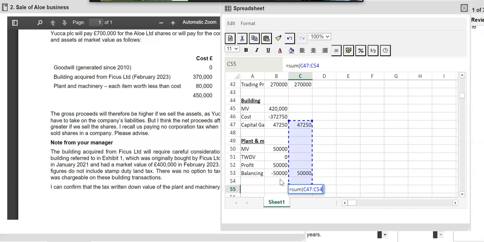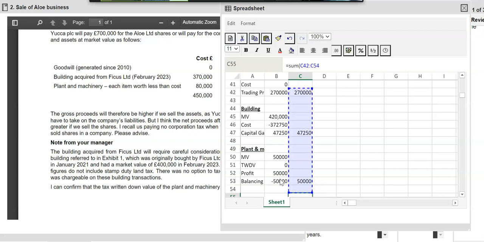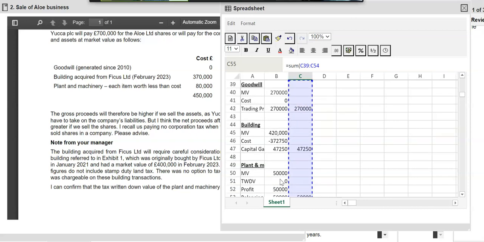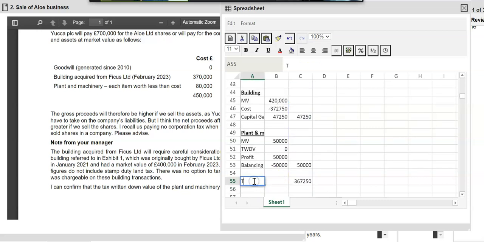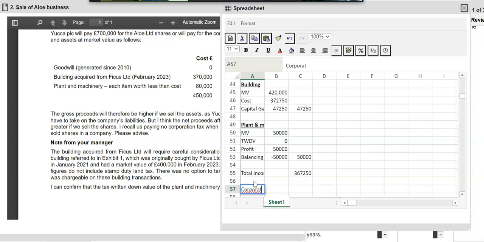So if we calculate the total income in this regard, this is your total income. So we will be applying corporation tax here.